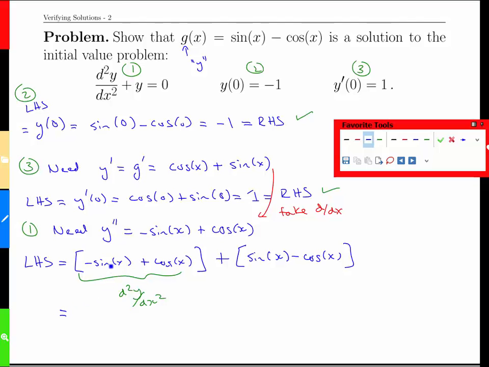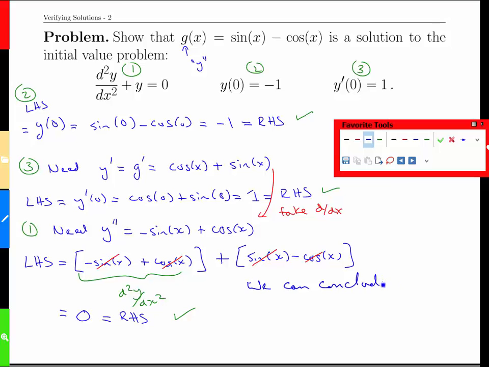And we see pretty quickly that we have a negative sign and a positive sign. Those cancel out. We have a cos of x and a negative cos of x. Those cancel out. And so we end up with the left-hand side equaling 0. Well, that's exactly what the differential equation should equal, because that's what is on the right-hand side of the equation. And so we've also satisfied the third equation given to us, the most important one as well, the differential equation itself.